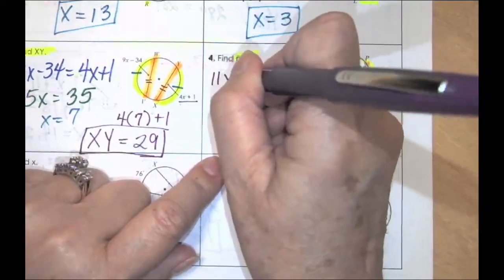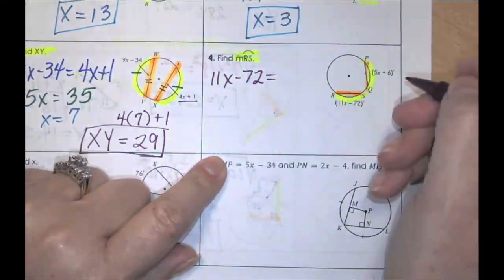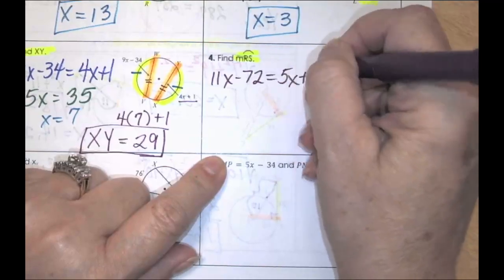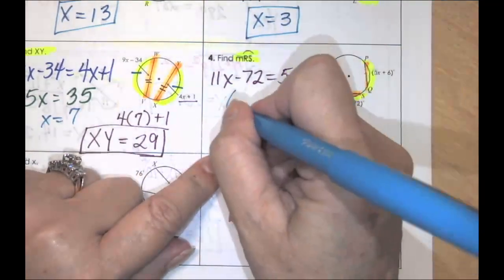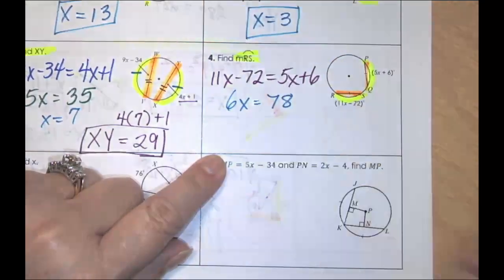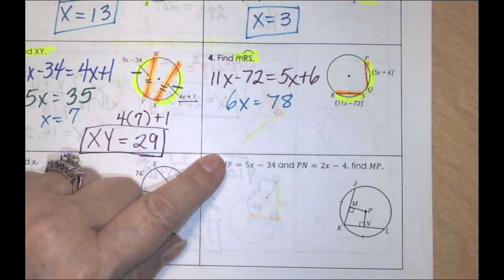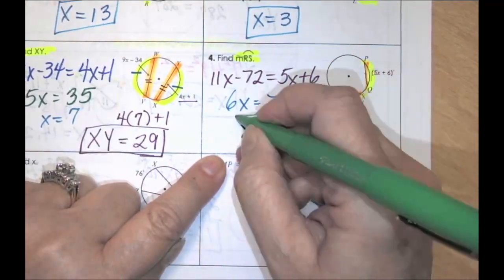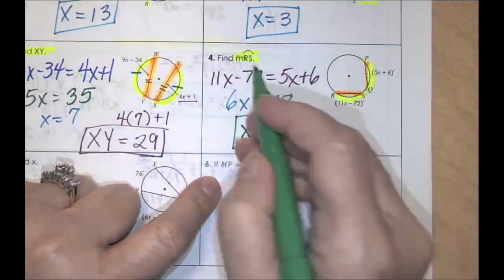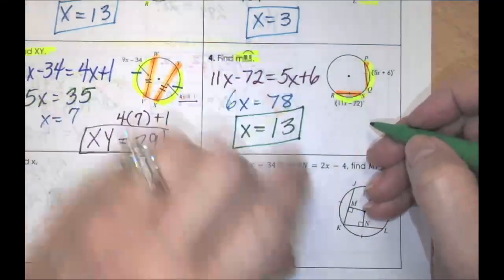So let's set up our equation. Let's set them equal to each other. Then we're going to subtract from both sides. And we're going to say that x is 13. Oh, but I don't want x. Forgot what I was doing for a second. I want the measure of RS.